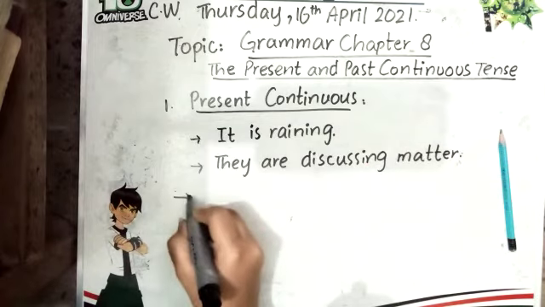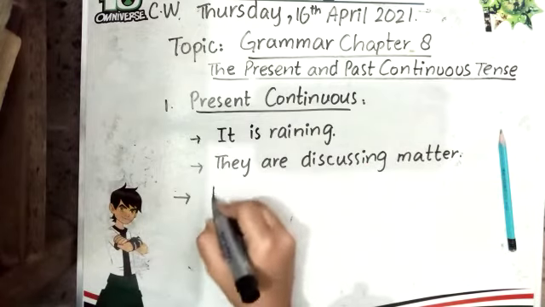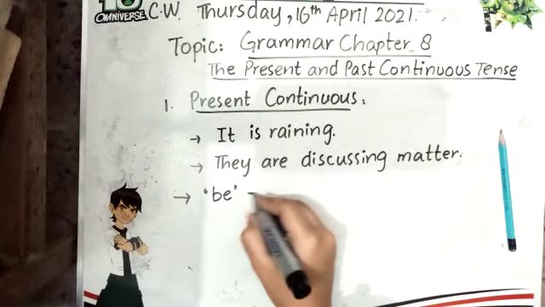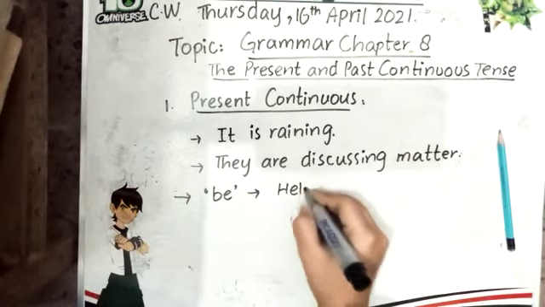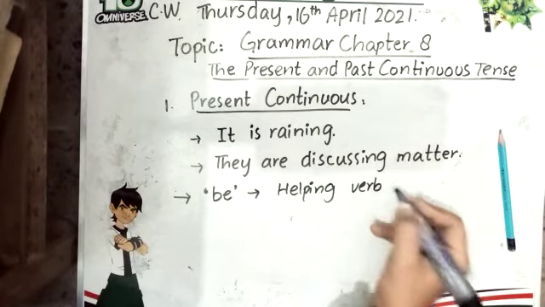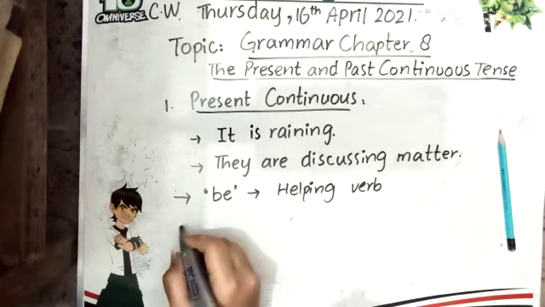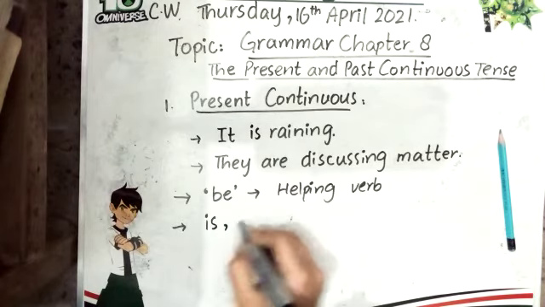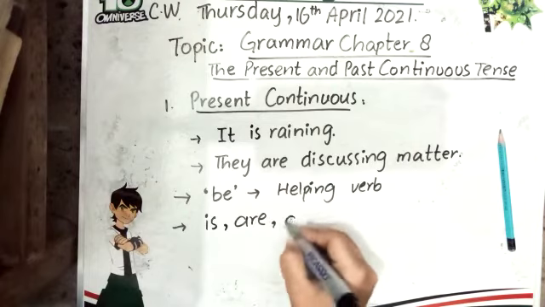In present continuous tense, we use the verb be as an auxiliary. Auxiliary is also known as a helping verb. So, for the present continuous tense, we use the simple forms of be, that is, is, are, or am.